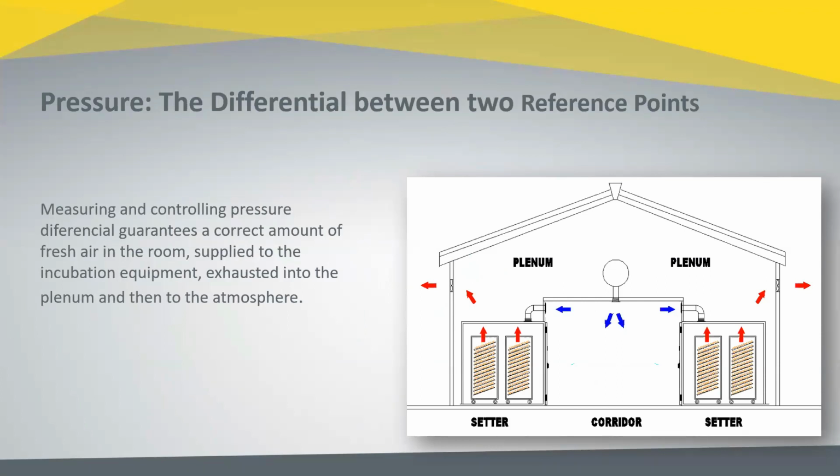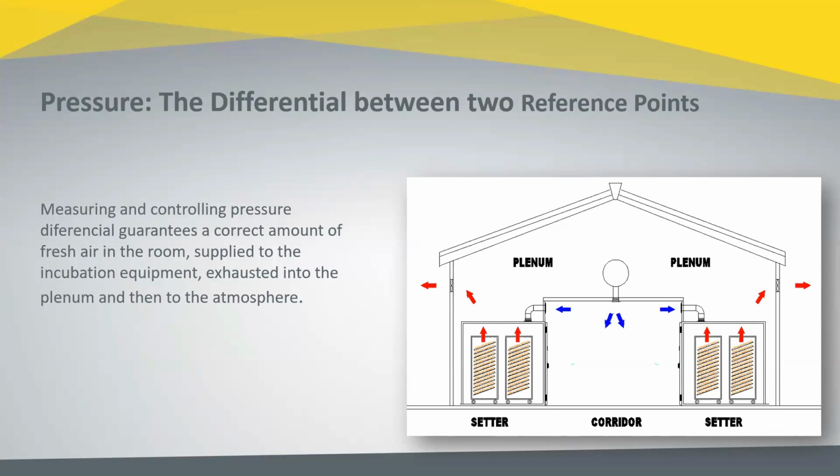When we look at our illustration, the blue arrows are the fresh supplied air coming into the corridor. That air is then consumed by the incubation equipment and exhausted into the plenum, where variable speed fans then exhaust this used air to the atmosphere.